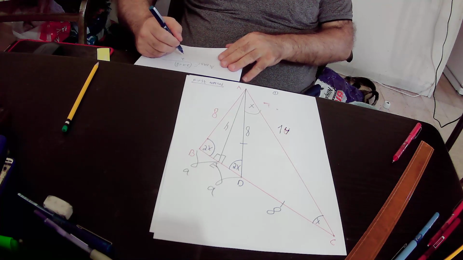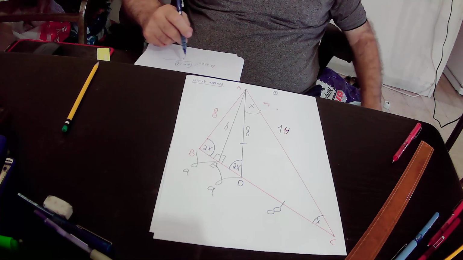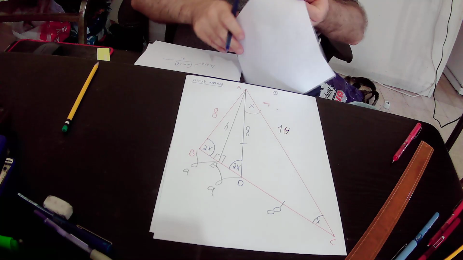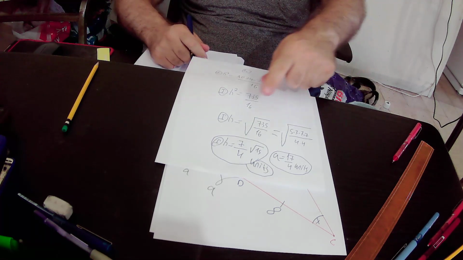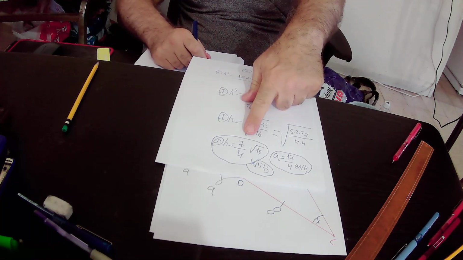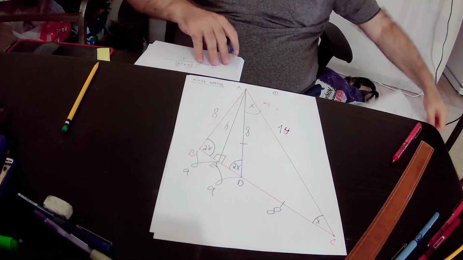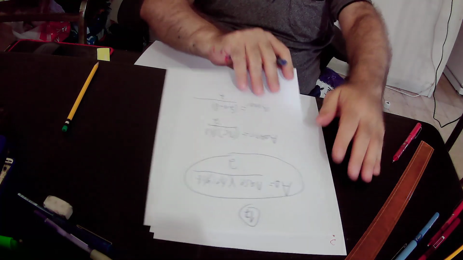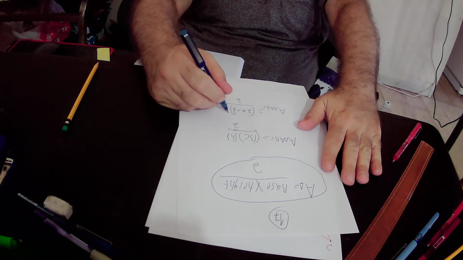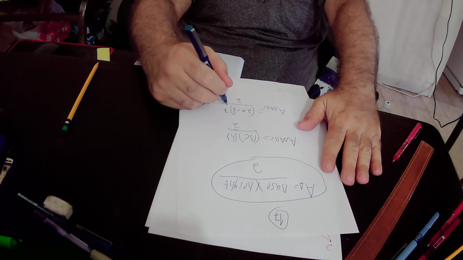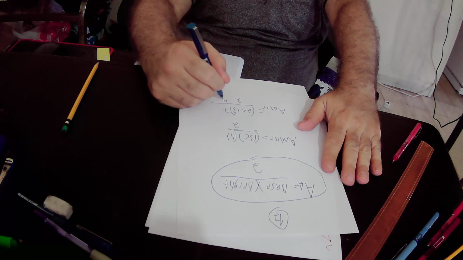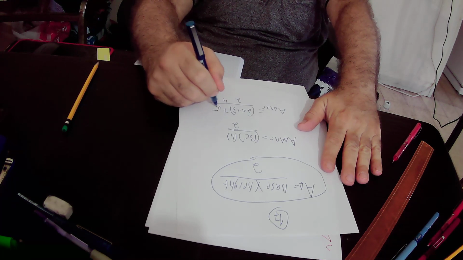And what is the value of h? The value of h equals 7 over 4 times root 15. So we can write down that h equals 7 over 4 times root 15.